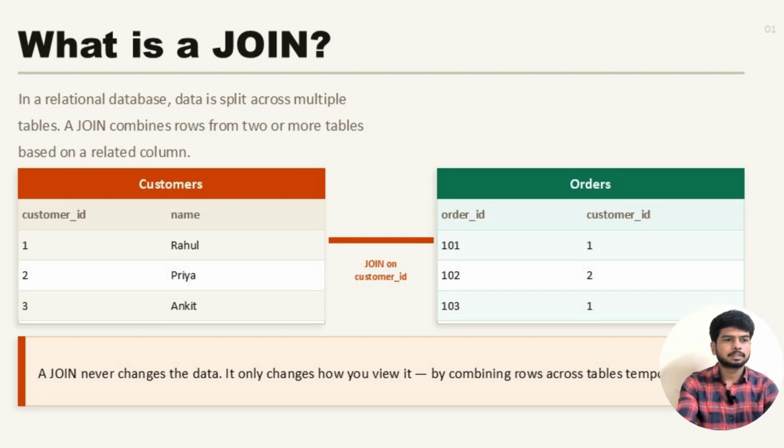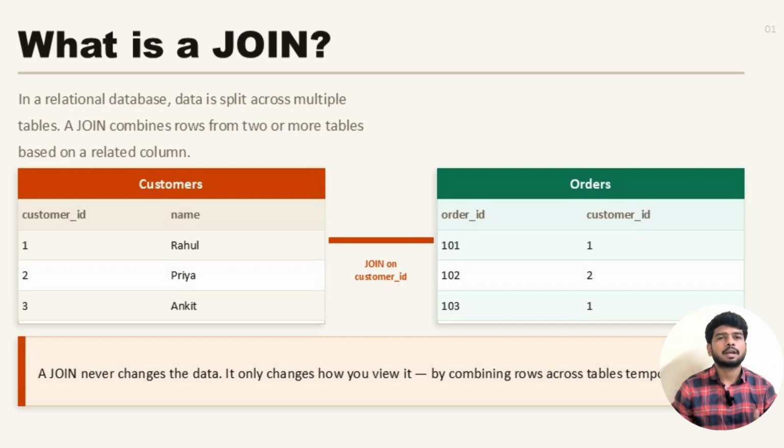Okay, so now let's begin with what joins are. Look at our database. If you're following our series, you know we are mainly using three tables: customers, products, and orders. Each table stores one thing, and they are interconnected with each other. Customers stores customer details, products stores product details, and orders stores order details, respectively.